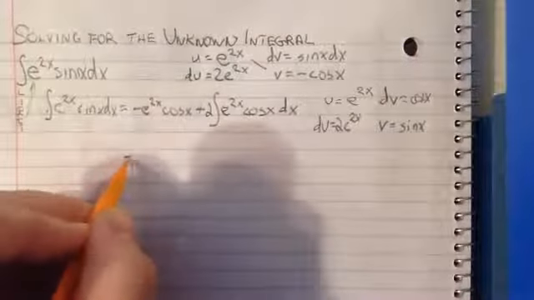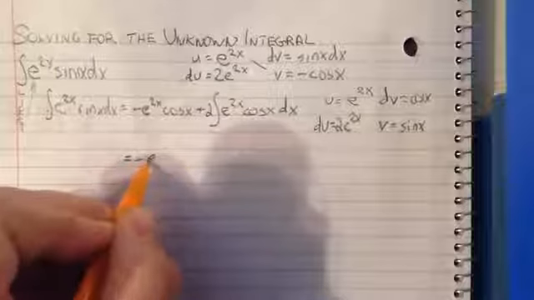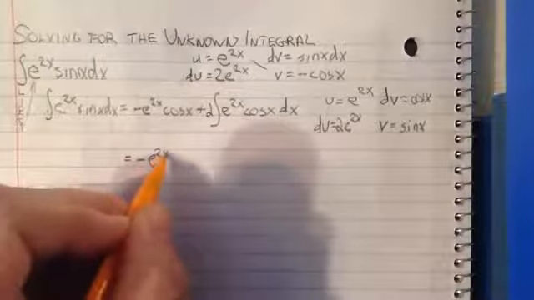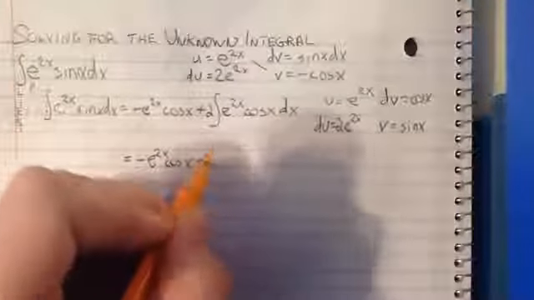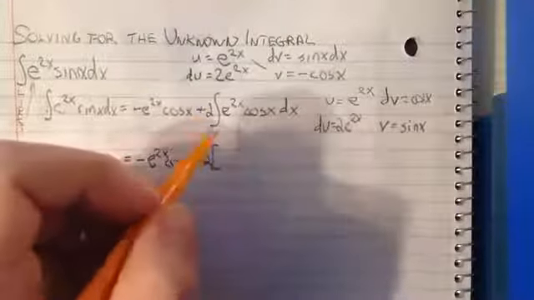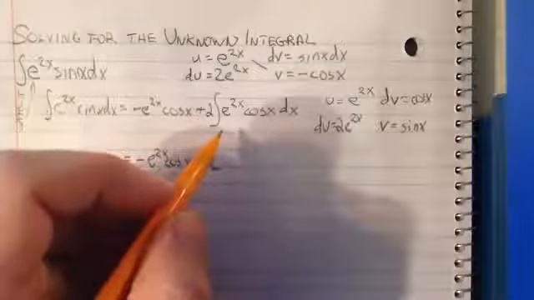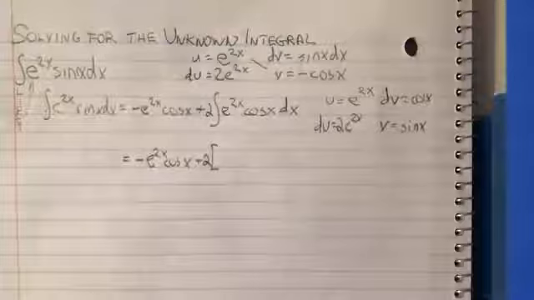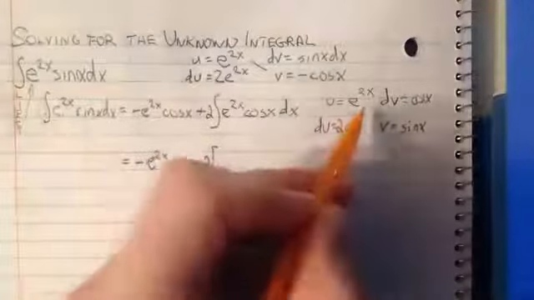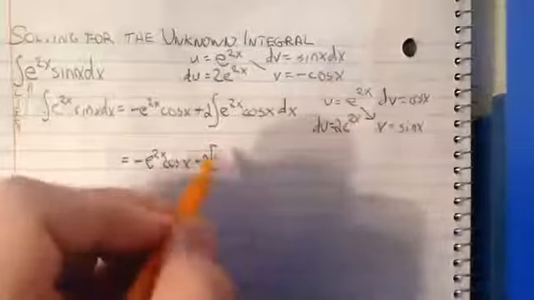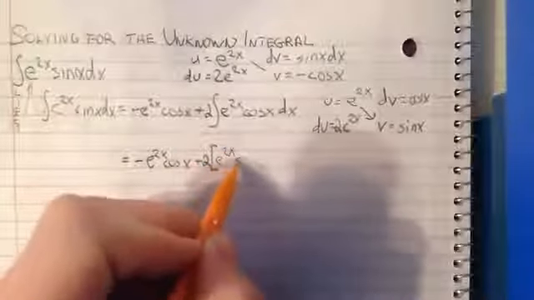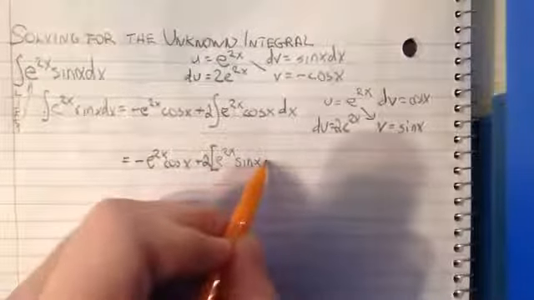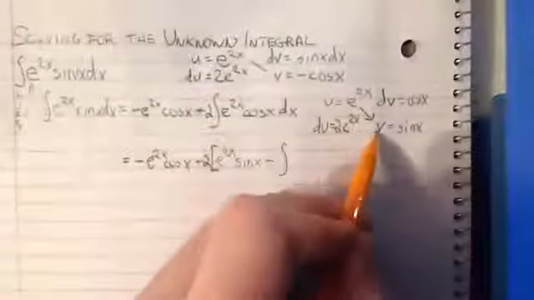Now, at this step, I have negative e to the 2x cosine x plus 2 times the integral of e to the 2x cosine x, which by integration by parts is uv, so e to the 2x sine x minus the integral of v du.